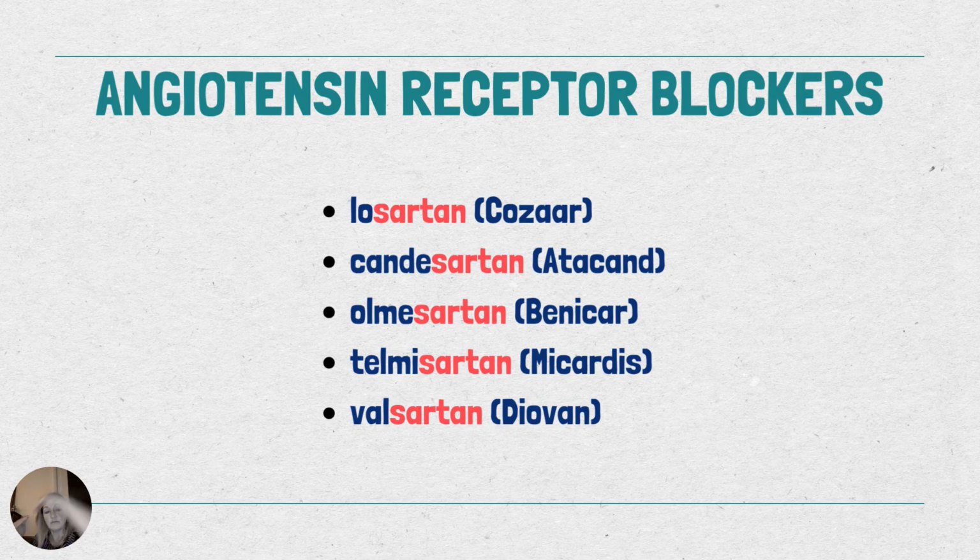So it's the same pathway, just a different stop on that pathway, which is why you would not take both of these together. So we have losartan or Cozaar, candesartan, Atacand, olmesartan, Benicar, telmisartan, Micardis, and valsartan, Diovan. And if it says sartan, it's always going to be an ARB.